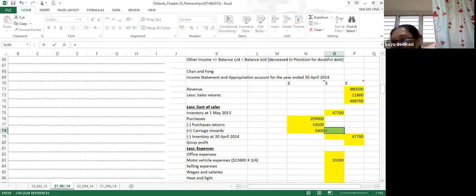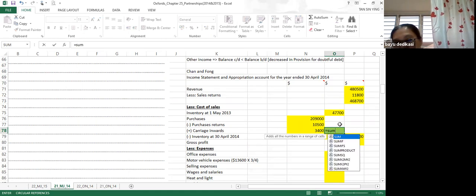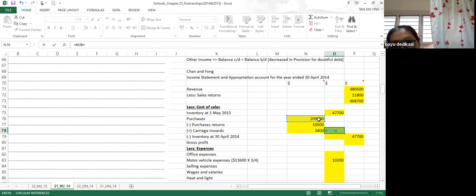Okay, good. Purchases return is minus, not plus. You have to minus purchases return.